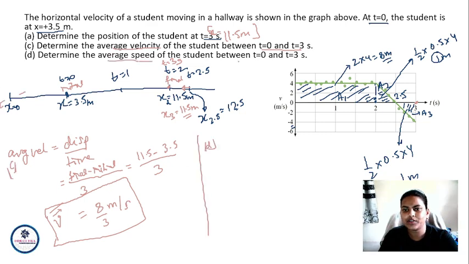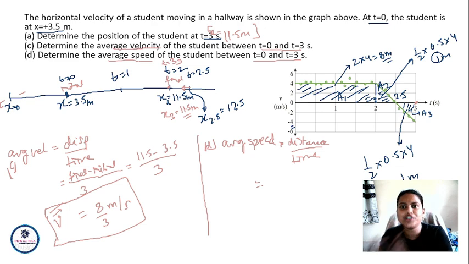The average speed of the student between 0 and 3 seconds. We know that the average speed is equal to total distance traveled upon time. So what is the distance traveled between 0 to 3 seconds? Distance traveled means all positive.